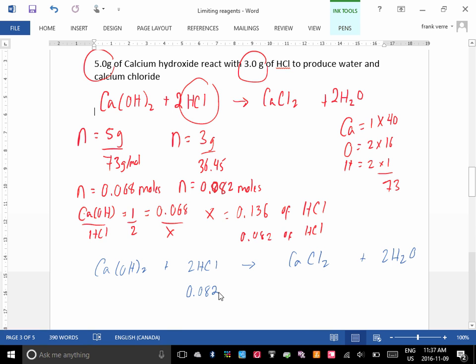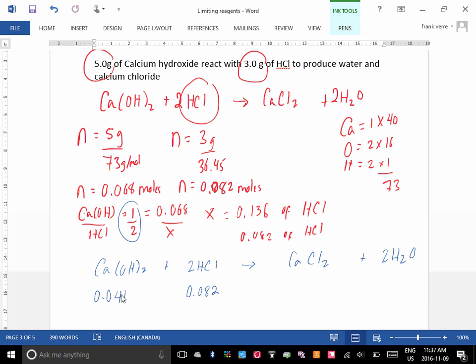So then how many moles of calcium hydroxide would react with that? Well, if the ratio is 1 to 2, then this should be exactly half. This should be 0.041 moles. So 0.041 is exactly 1/2 of 0.082.